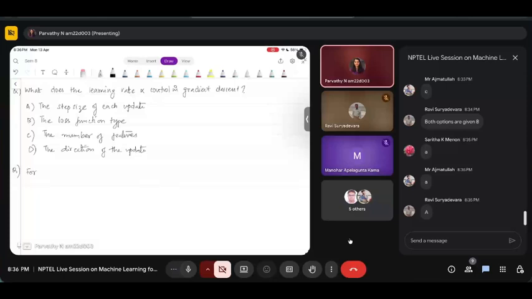So f of x is equal to x square. What is the gradient dou f by dou x at x is equal to 3?